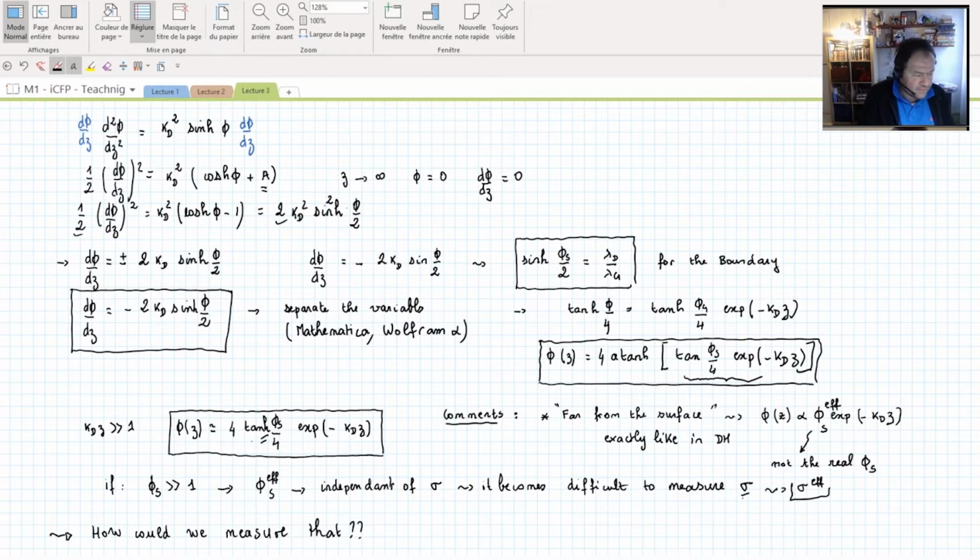So how can we measure this kind of equation? Any clue?